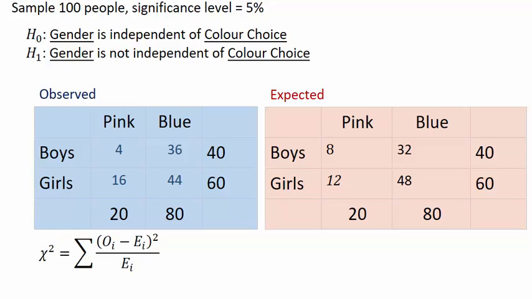We divide by the expected value, and what that does is it standardizes everything, and it means that we can compare two-way tables of any size, of any number of people, and we always get a chi-squared number that is comparable. Now, what chi-squared is doing is measuring the difference between what happened in the observed world and what happened when we calculated things based on the null hypothesis.